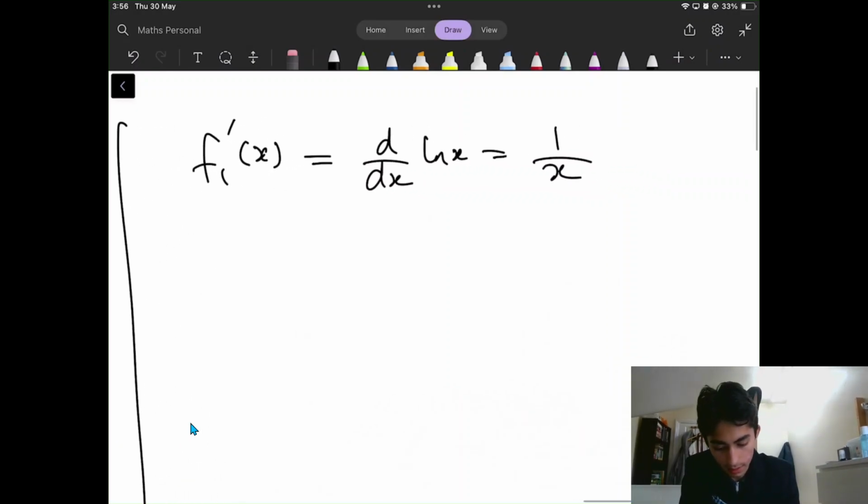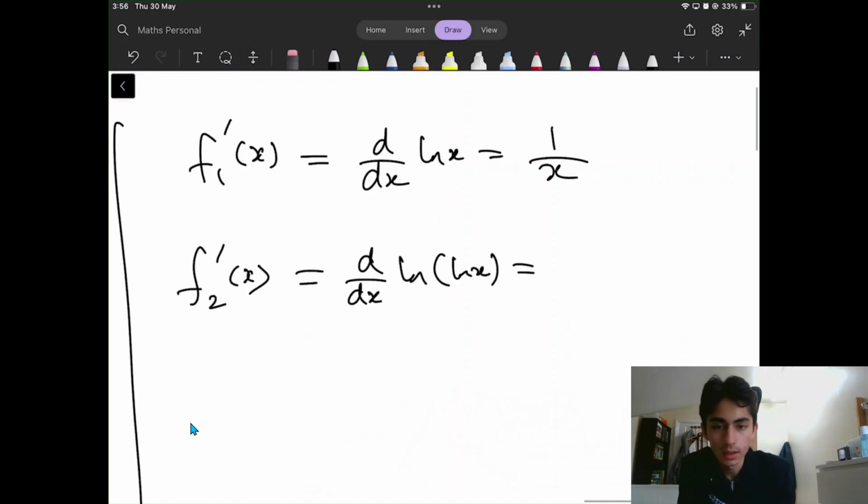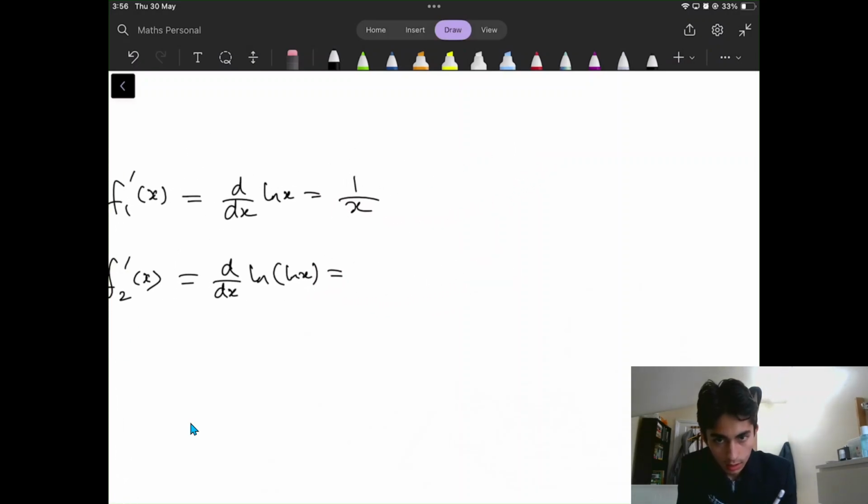Okay, what do we have then? f2 prime of x is equal to the derivative of the natural log of ln x, right? And for this, we're going to have to use the chain rule again. The chain rule for logarithm differentiation works like this.